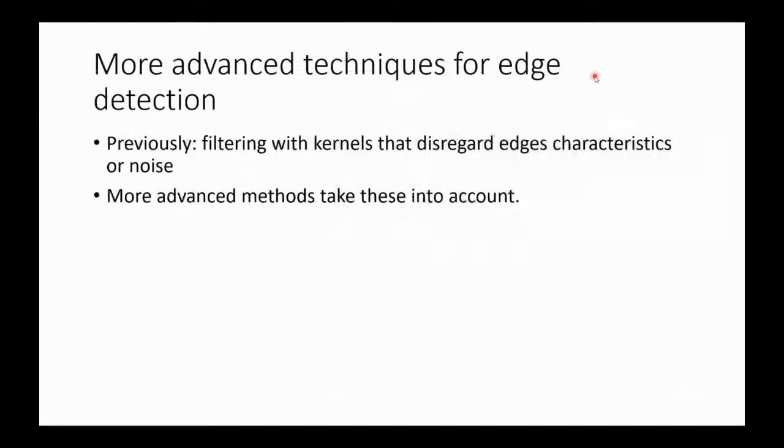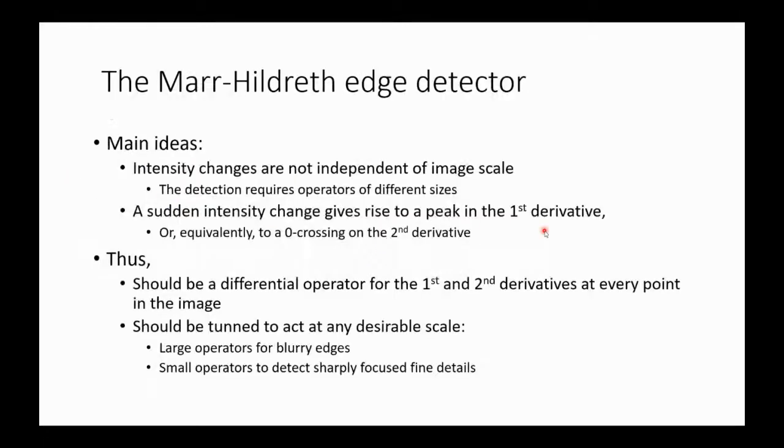Okay. Right. As I said, there are more advanced techniques for edge detection. So the previous techniques we filtered with kernels that disregard the edge characteristics or noise. So more advanced methods take this into account.